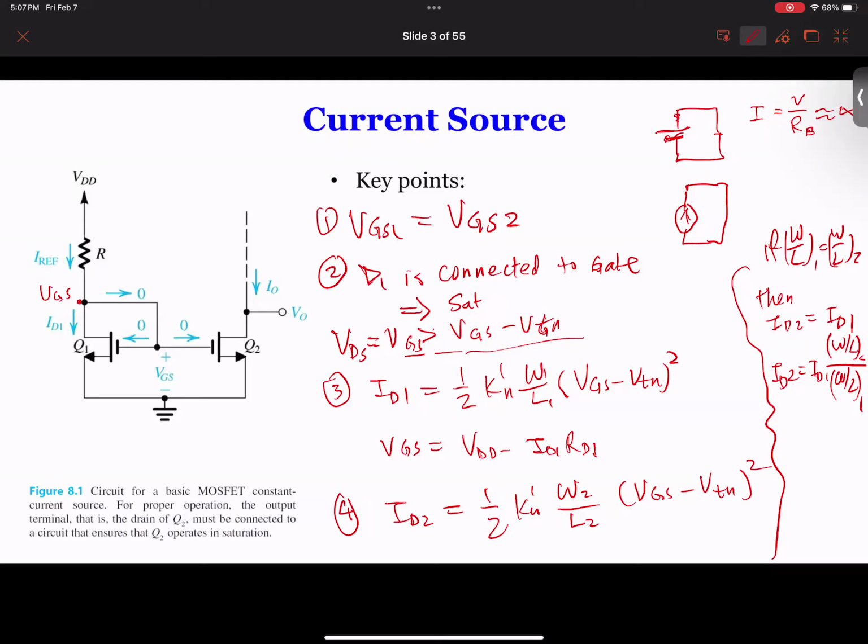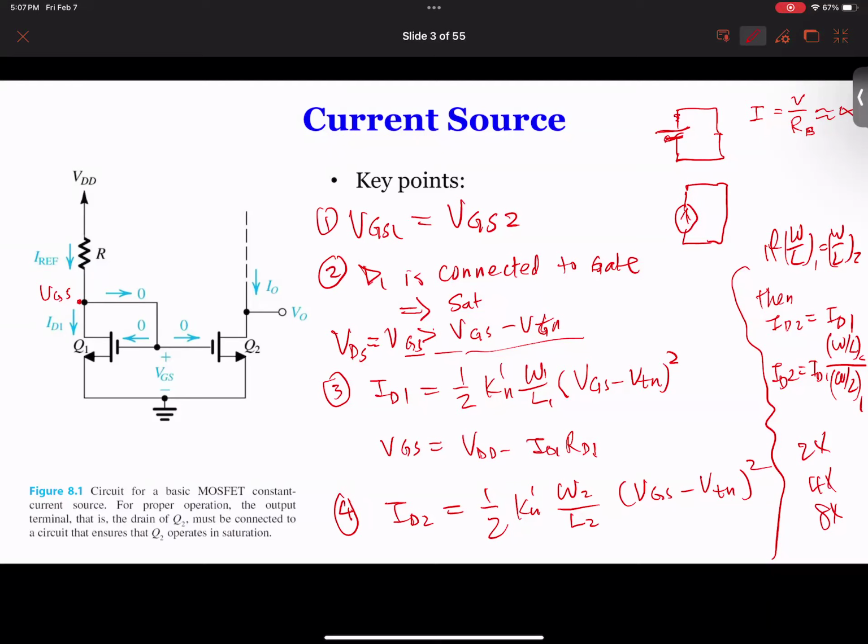So if the second transistor is much bigger in terms of W, then the current will be bigger. Sometimes in the future we will say 2X, 4X, 5X. What does it mean? The second transistor's channel width over channel length is 2 times, 4 times, 5 times, or 8 times the first one.